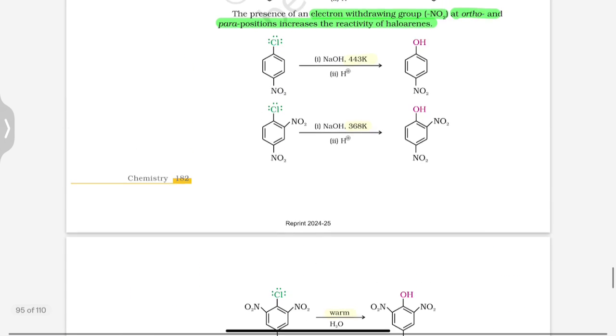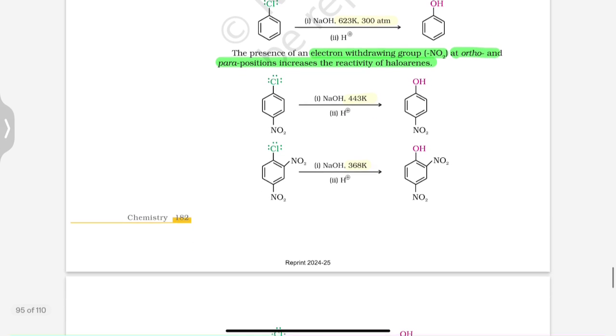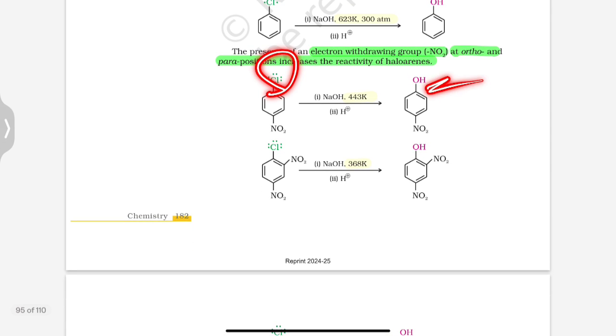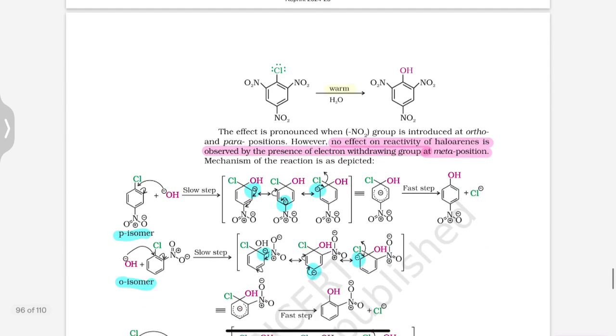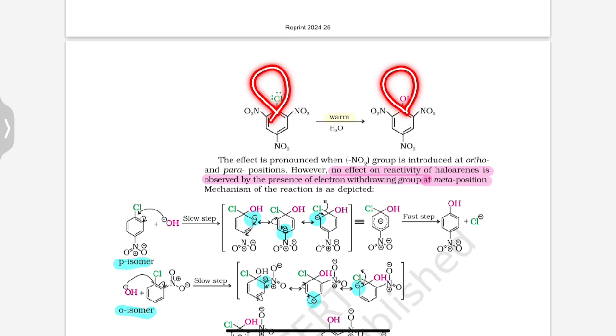So what you have to learn is the temperature. At higher temperature the chloro group will be replaced by OH. If one nitro group is present, make a note of 443 Kelvin, at which you can replace chlorine with OH group. Then 368 Kelvin for two nitro groups, and if 3 electron withdrawing groups are present, even if you slightly warm it, you can convert Cl to OH group.